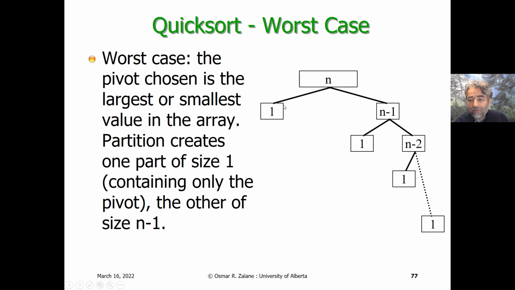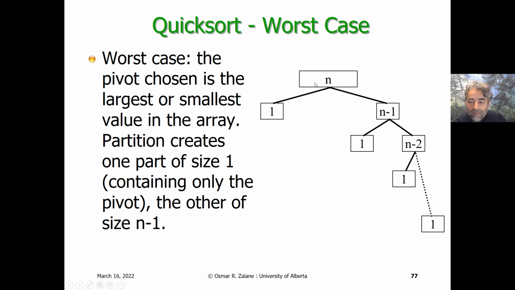So when I partition, I will have one element on one side and n minus 1 elements on the other side, because they're all bigger than it. There's nobody smaller than it to be on the left. And then these n minus 1 elements are already sorted as well. When I select the first one and say, you're the pivot, the other n minus 2 elements will be larger than it. And then I do the same thing again and again.